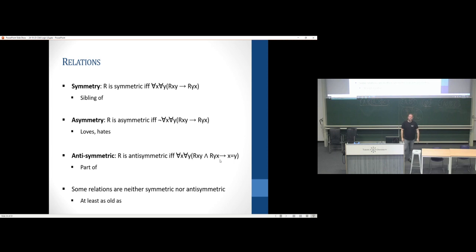There are no arrows going from one node to another and back. So here's the idea. You have node A and you have node B, and if the relation's antisymmetric, you can have a node like this, or you can have an arrow like this, but you could not have that. Because if you had the arrows going backwards and forwards, what I was actually drawing was this.